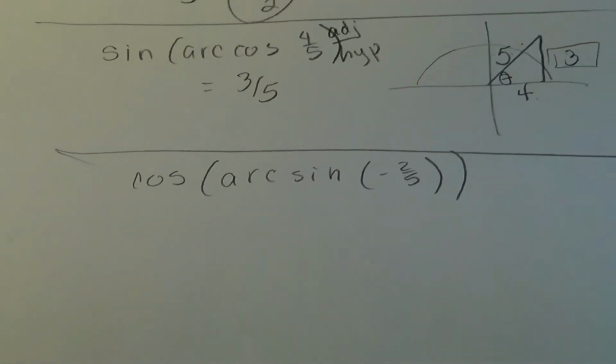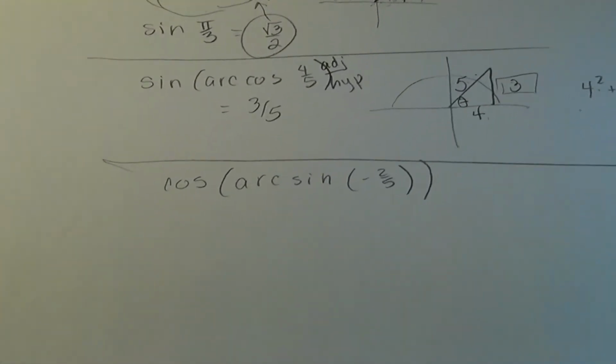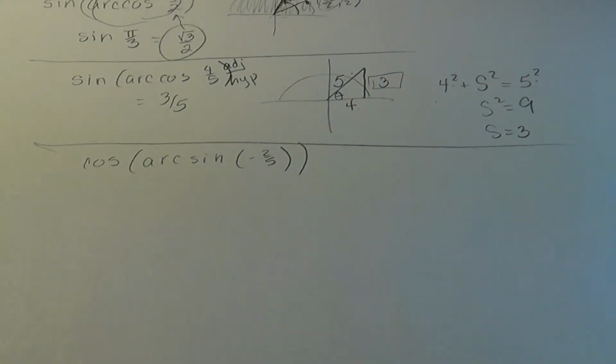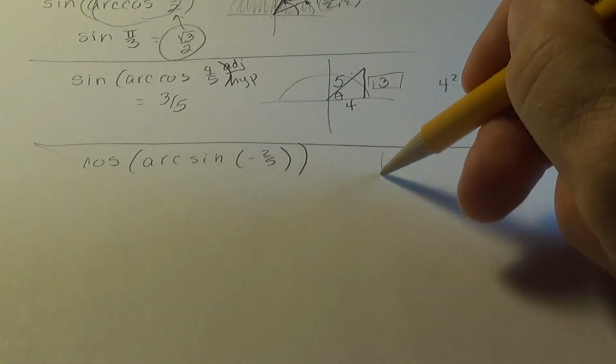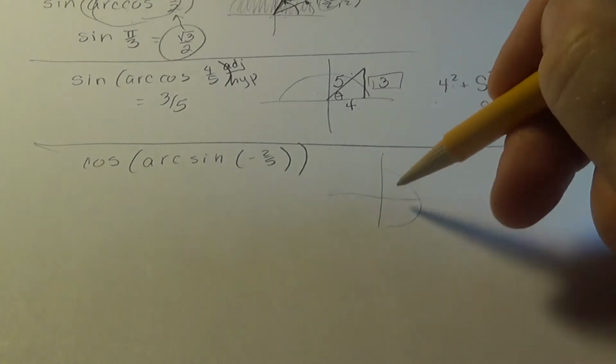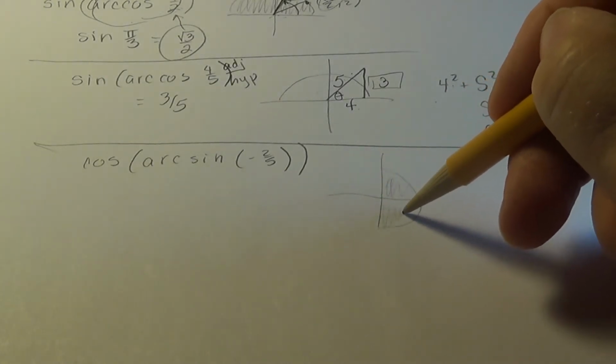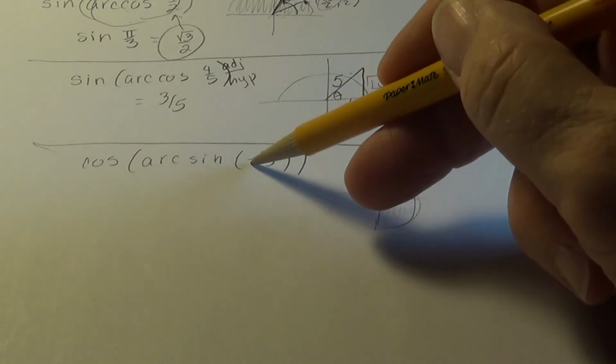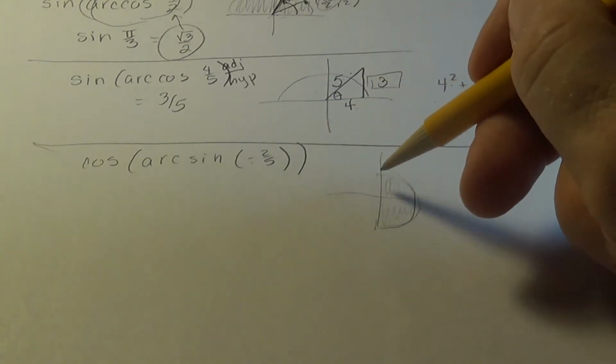I just need more writing space to show up on the screen, so go ahead and draw it. You'll recall arc sine is defined in the first and the fourth quadrants. We can look up here and down here, and we see that it's a negative. I'm going to do this one slow.